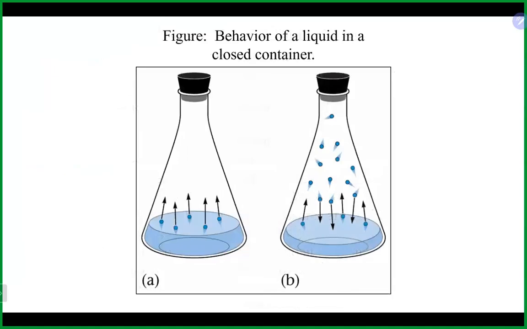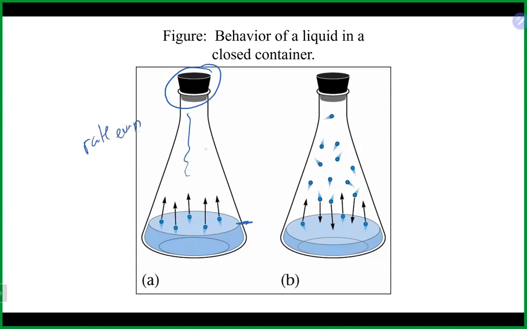In addition, if we take some liquid and put it into a flask and put a stopper on it, if you take a look at the liquid level here to begin with, what's going to happen once you put that liquid into this flask with the stopper is pretty much all evaporation is going to occur. So we're going to get a strong rate of evaporation, which is what we see here.